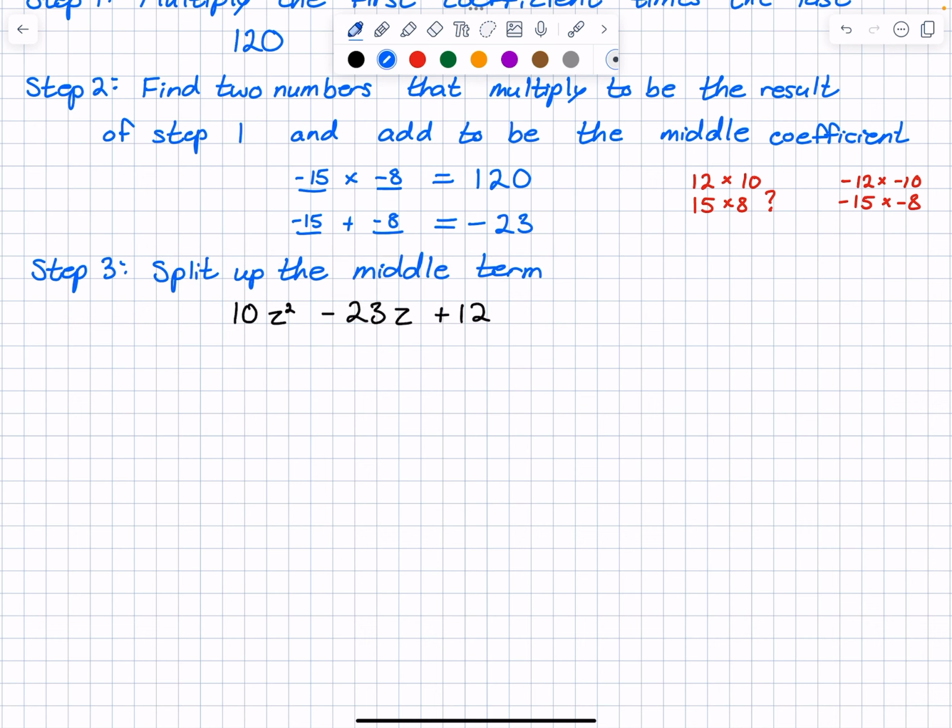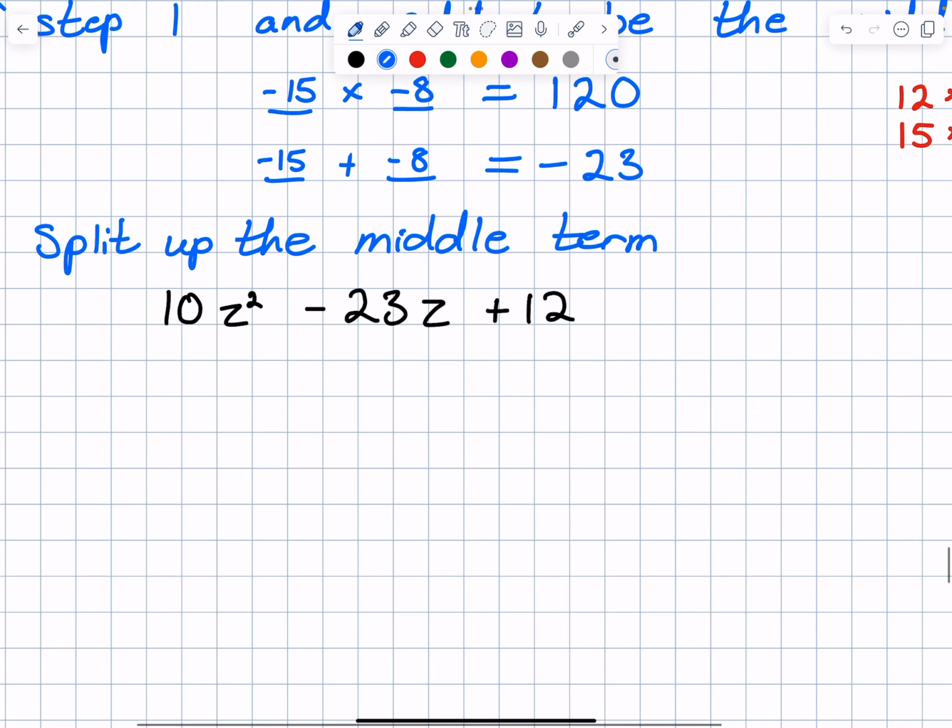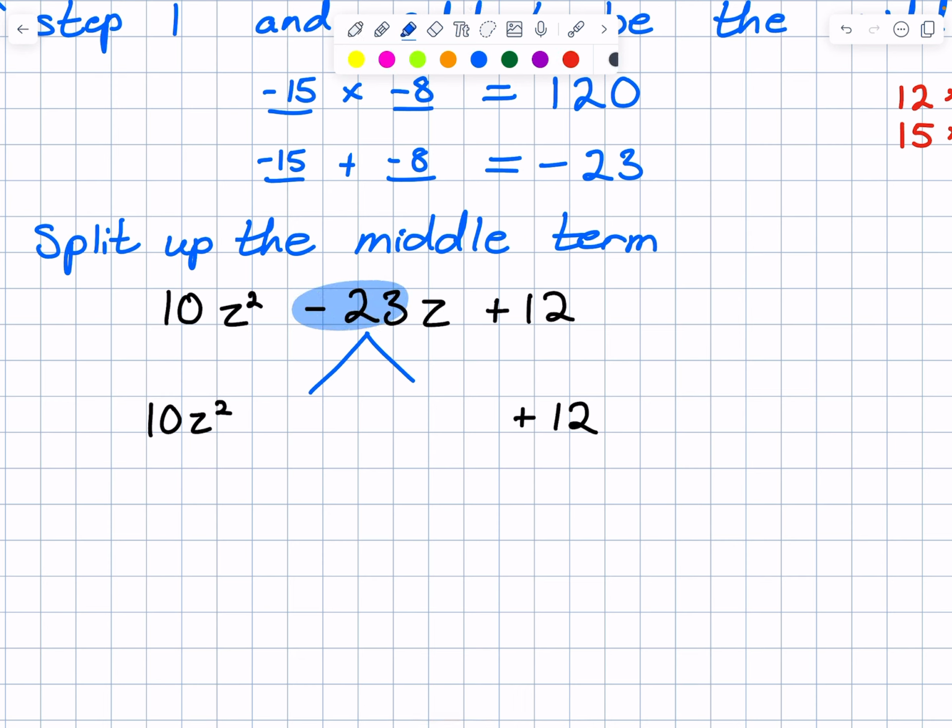Everything is exactly the same, except this -23 is going to get split into two pieces. So 10z squared stays, plus 12 stays. But instead of -23z, I'm going to use these two numbers that I just found. So I'm going to write -15z and then plus -8z.